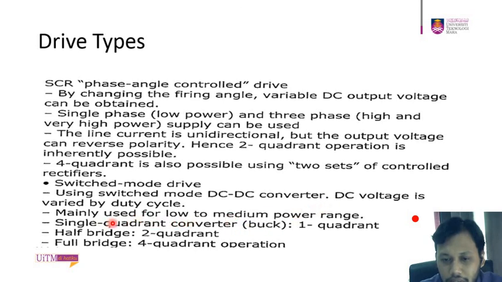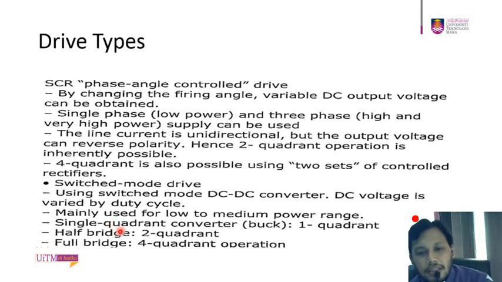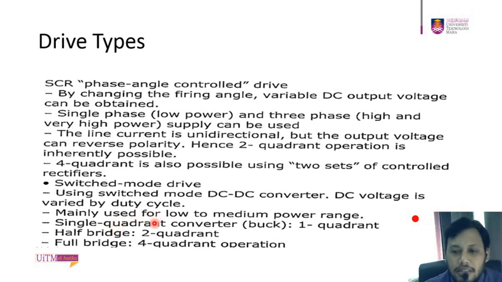As you have learned in the power electronics subject, the single quadrant converter using a buck converter is referred to as a one quadrant drive. A half bridge drive is a two quadrant drive, and a full bridge drive gives four quadrant operation.